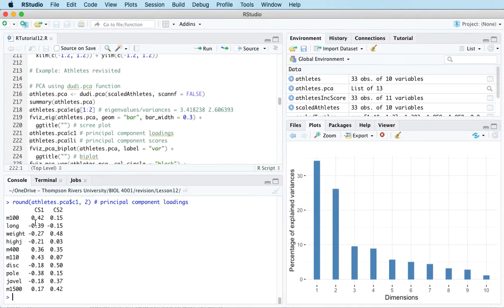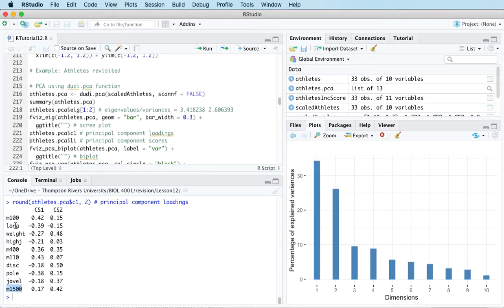So we could maybe think of this first component as being an overall performance score. If we look at the signs as well, the positive signs are for the running events and the hurdles.